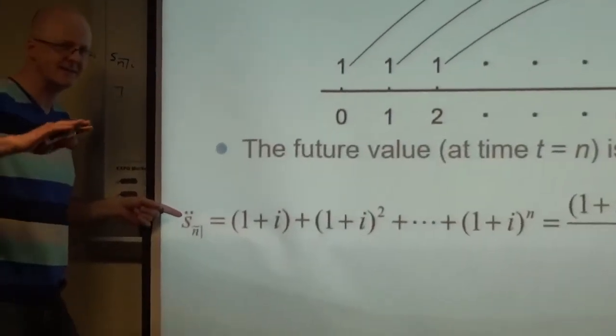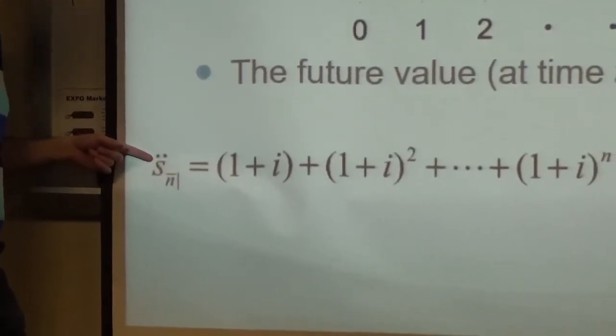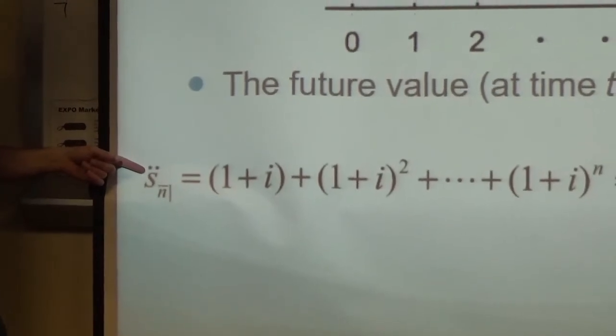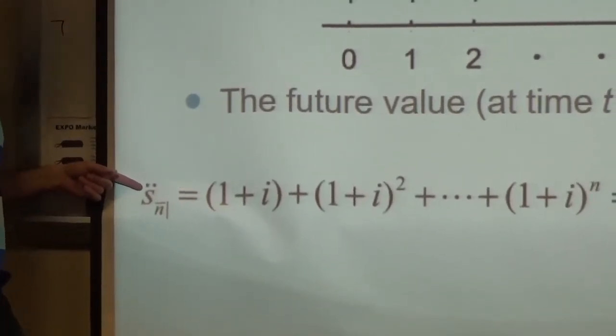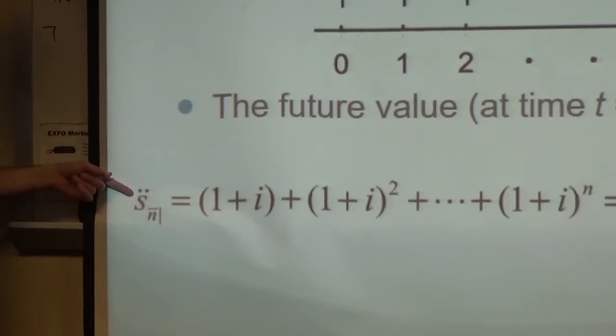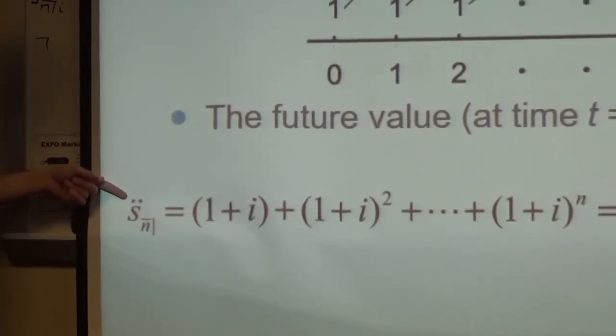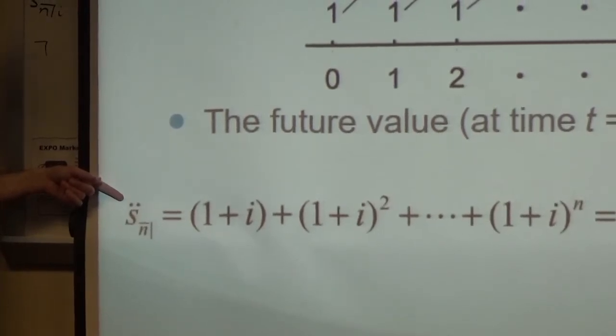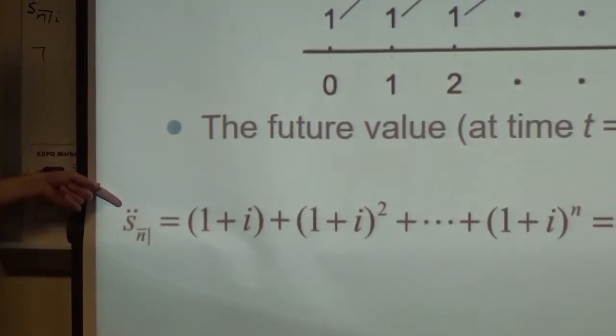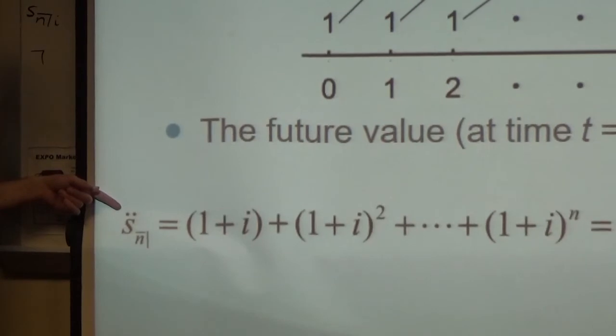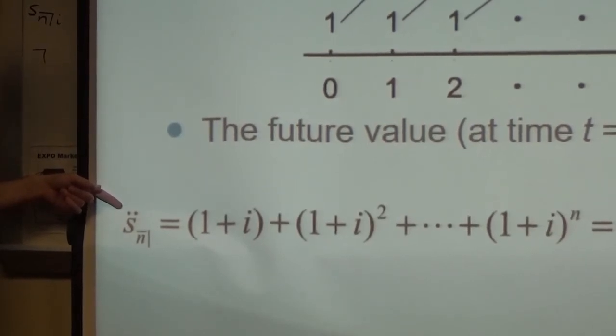Kind of weird. It doesn't have anything to do with derivatives. If you know about using dot notation for derivatives, this has nothing to do with that. I don't know why this notation was chosen. It's the future value of a level annuity due with payments of 1 at the beginning of each period. So this is evaluated 1 period after the last payment.